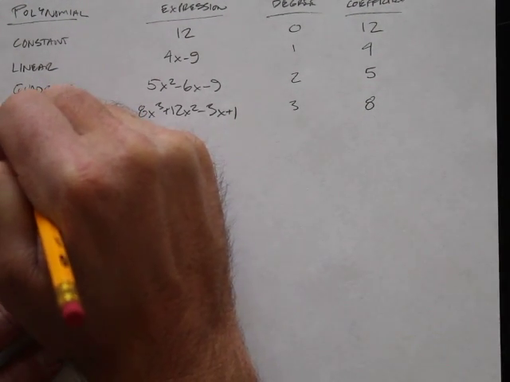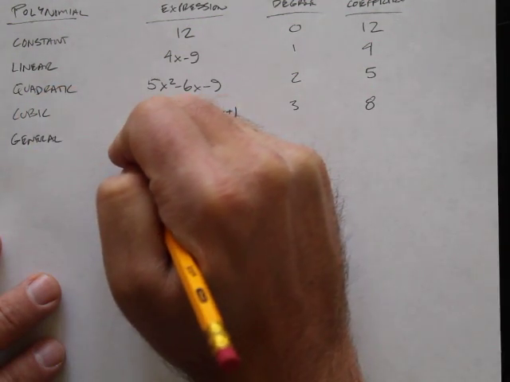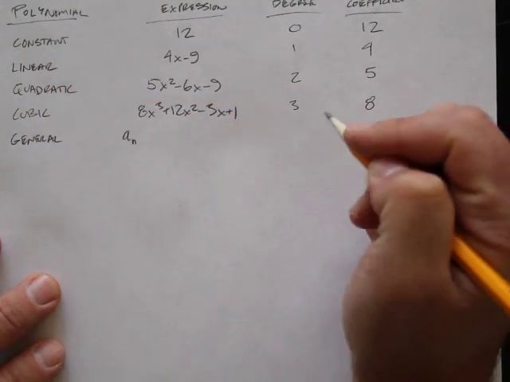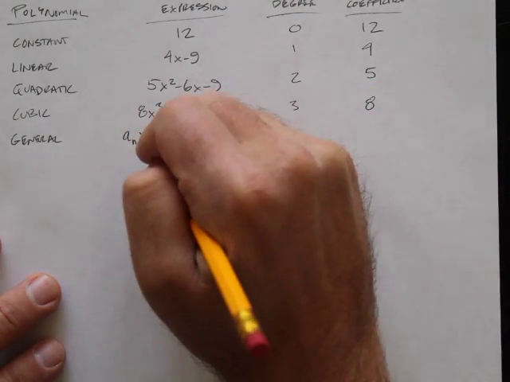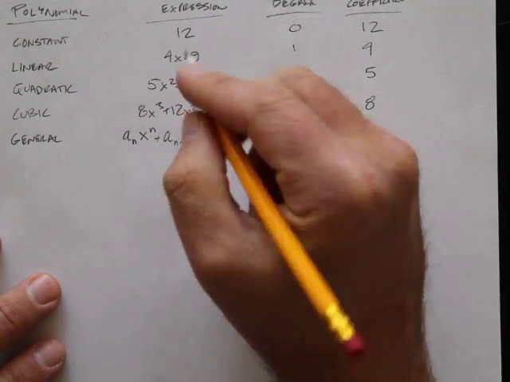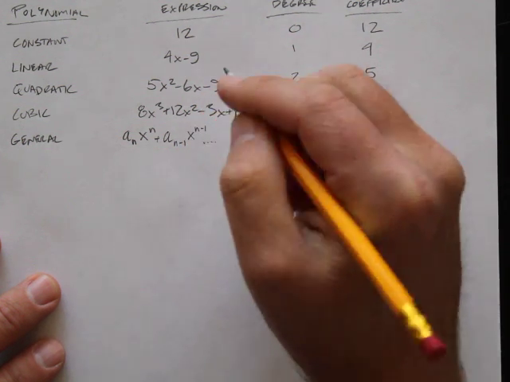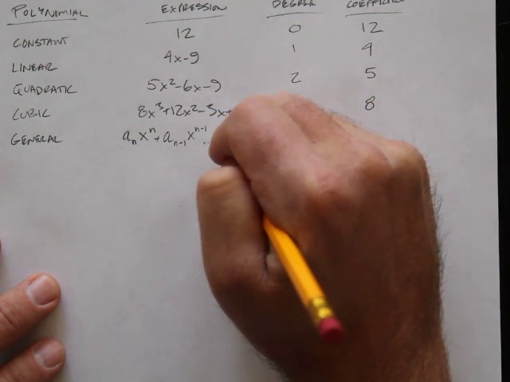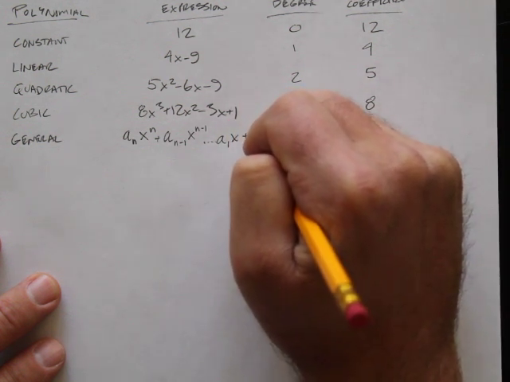And then we have kind of a general rule here that is kind of messy. So I have a sub n times x to the n power plus a sub n minus 1 times x to the n minus 1, dot dot dot, a1 x plus a0.